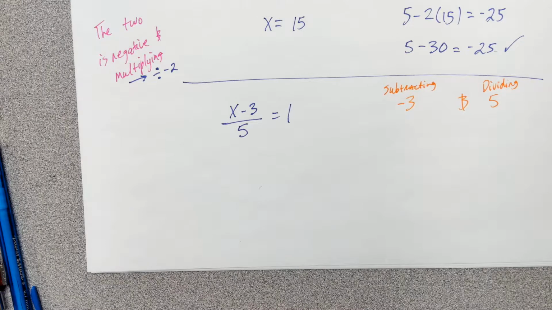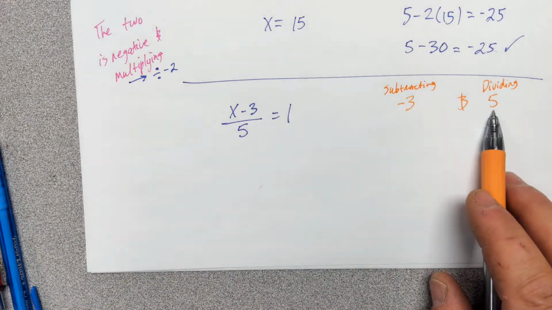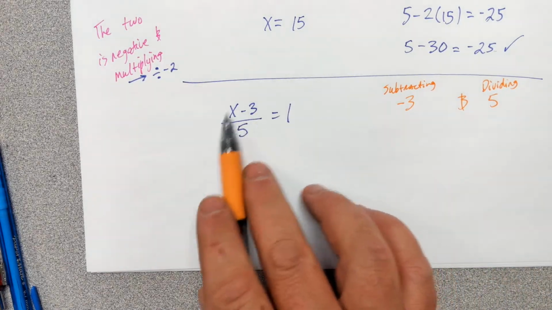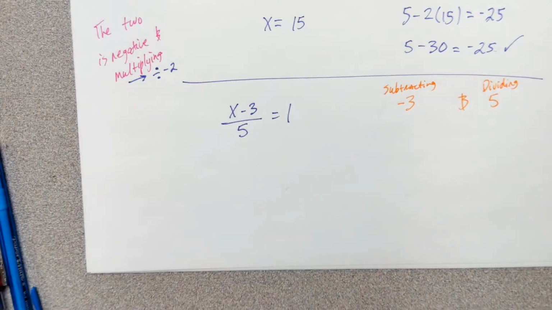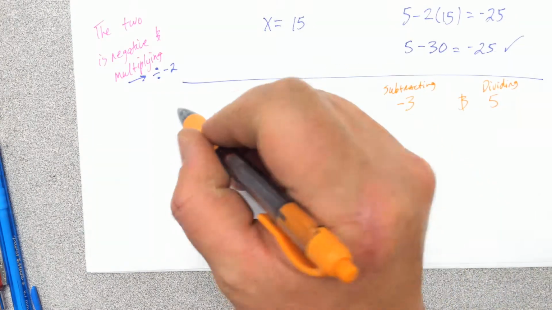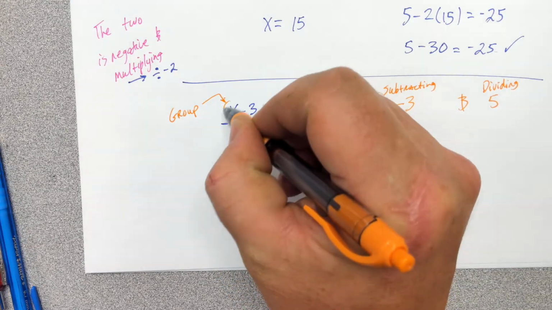Normally we just see this, we don't write it down, we just recognize it. So you look at it and you say, okay, what do I have to do first? But here's the weird thing about this problem. That's in a group.